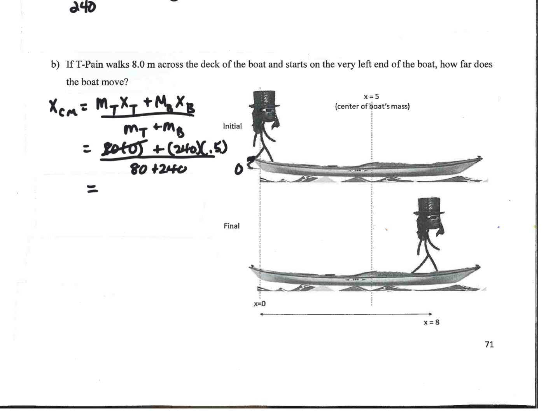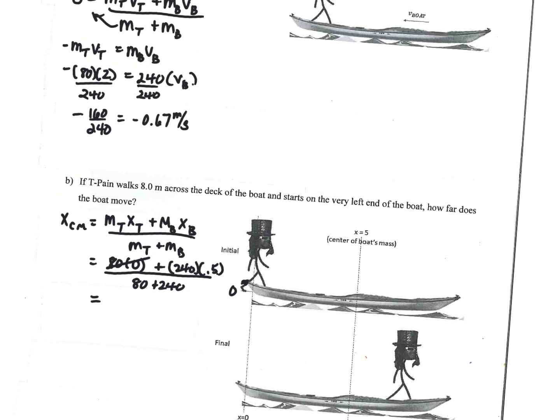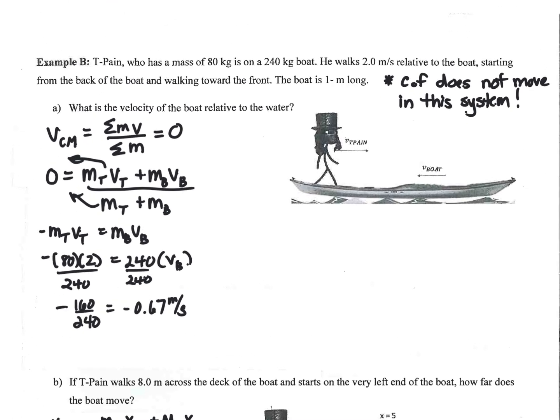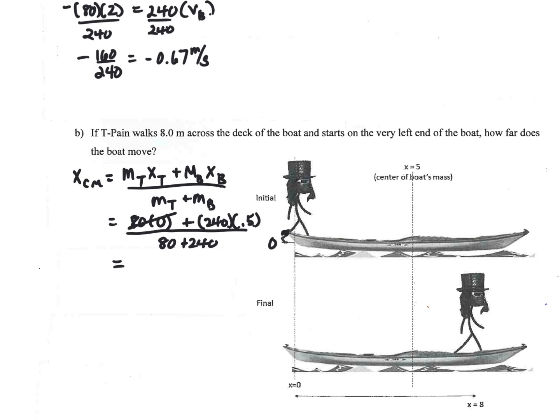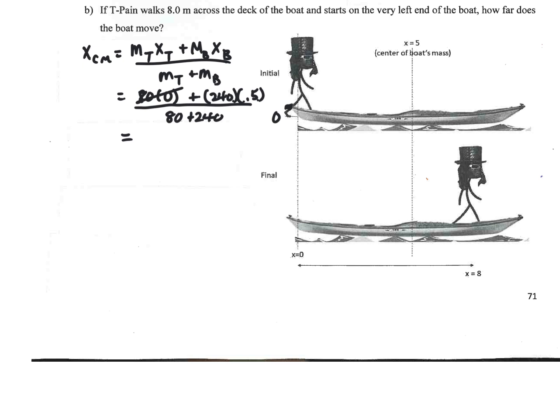I'm sorry, this boat is 10. Hang on. Your teacher needs to check something up here. Let's look. How long is this boat? And it says 1 meter. It's supposed to be 10 meters long. How can he walk 8 meters across the boat? This is 10 meters long. That makes more sense. X is 5, the center. So this is 5. So this ends up as 3.75, which is what I thought, meters.